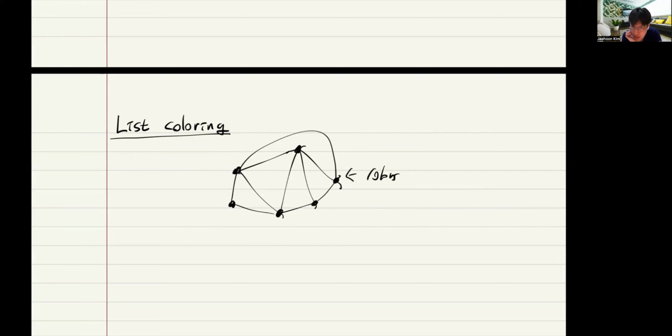But this might not be the case. For example, if the vertices are stations and you are assigning colors as frequency channels, at certain locations some frequency channels are not available, and at some other locations, other frequency channels might be available. It could be all different.